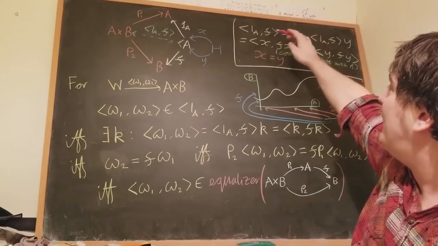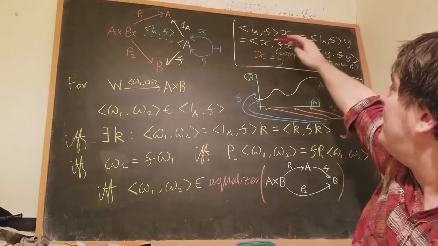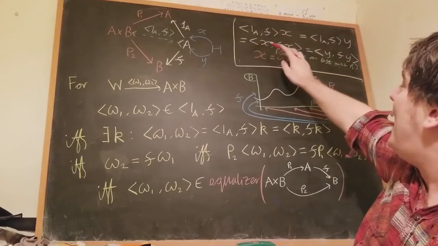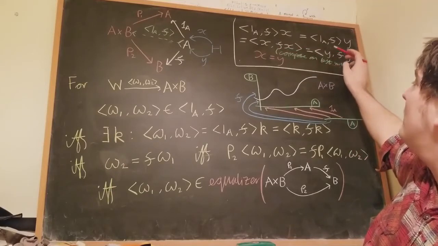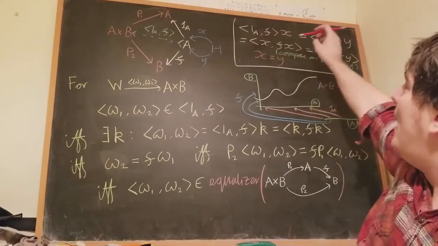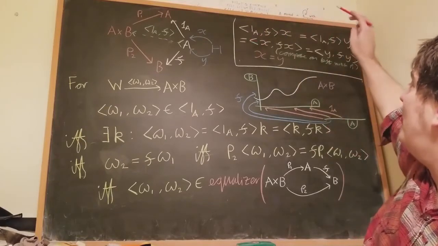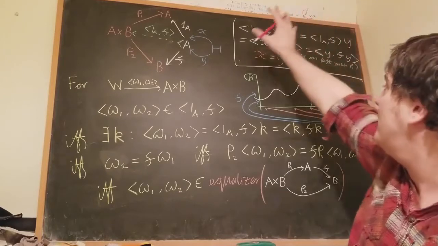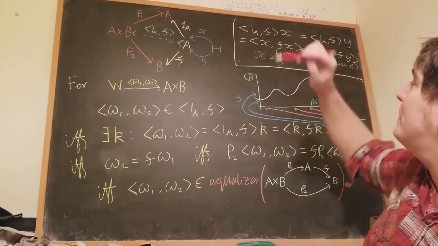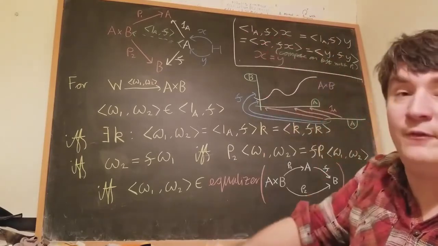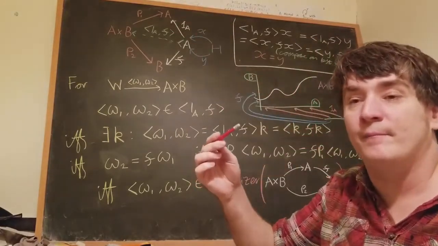We can just take the x inside the brackets. We can always do this kind of thing. And so we get that x comma f after x equals y comma f after y. If that's true, and we do p1 after it on the left hand side and p1 after it on the right hand side, those two things should be equal, and that will give us x equals y, which is what we wanted. So this demonstrates that this graph arrow is indeed monic.